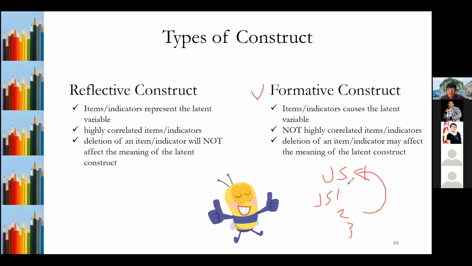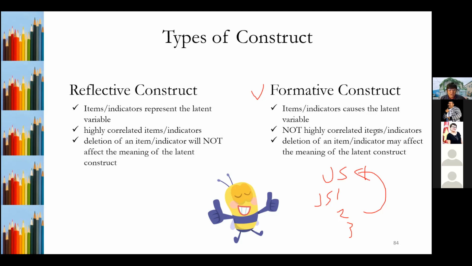Number 2, a formative construct is characterized by not highly correlated items. It means the overall responses of the respondents are not moving in one direction. May posibleng sumagot na towards agree, may mga sumagot na towards disagree, meron naman neutral. So magkakaiba-iba, meaning they are not highly correlated.